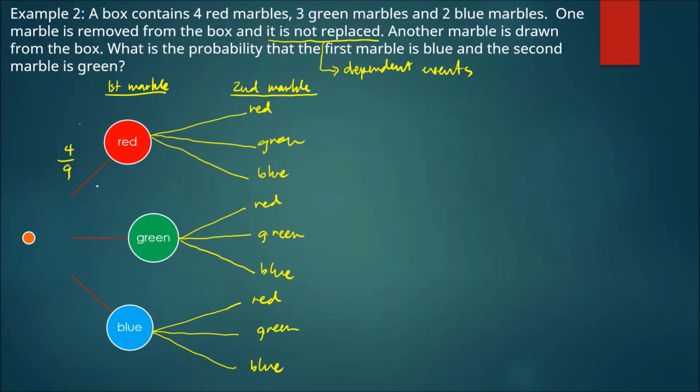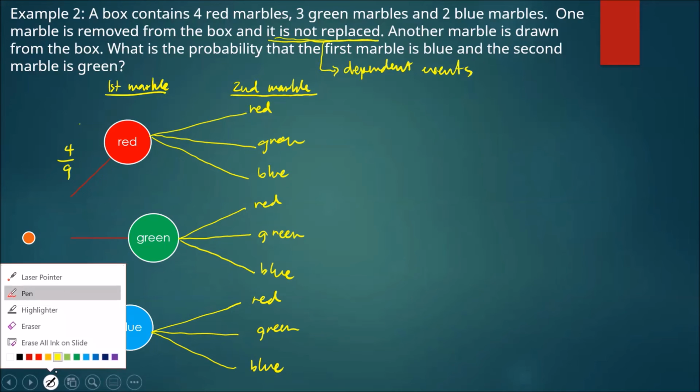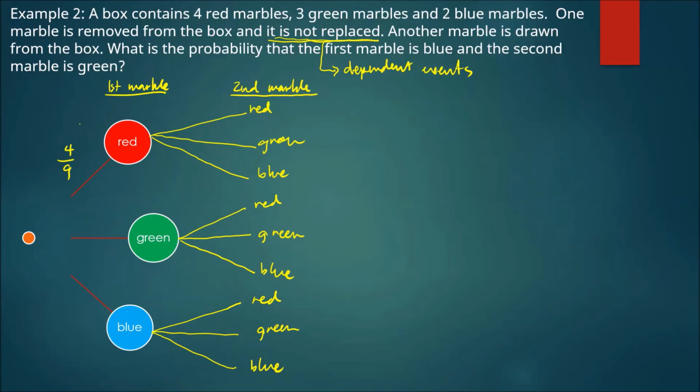Now, it is said that after picking the first marble, it is not replaced. So if it is not replaced, how many marbles will there be when we pick the second marble? Again, we have 9 marbles at the beginning from our box.